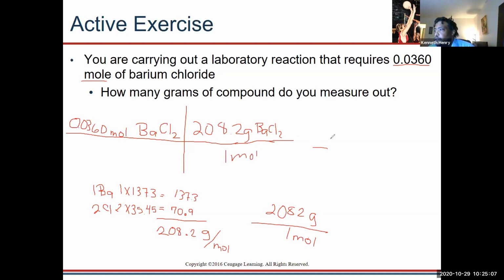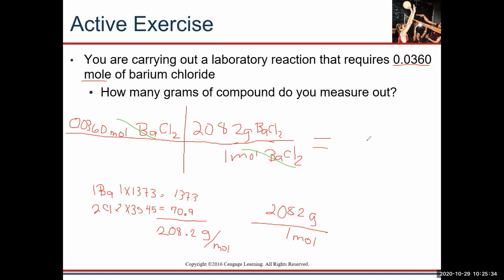Okay. Number 1. Okay, so then my moles are going to cancel out, and I'm going to be left with just grams. And that's exactly what I want. So what do you guys get? I got 7.5.